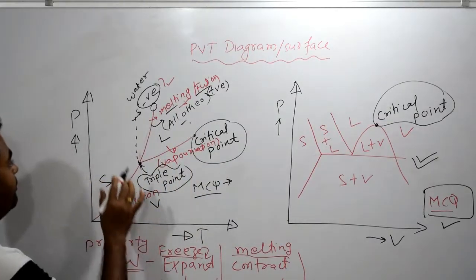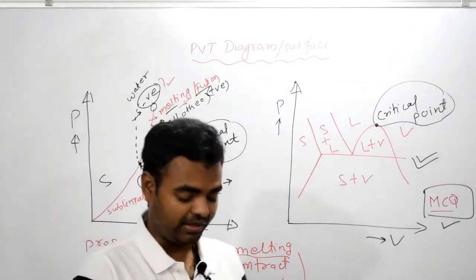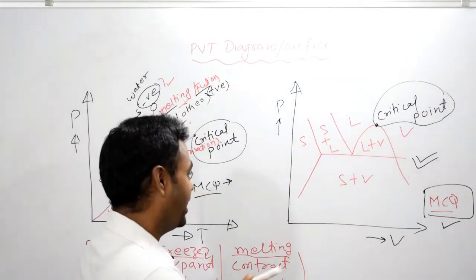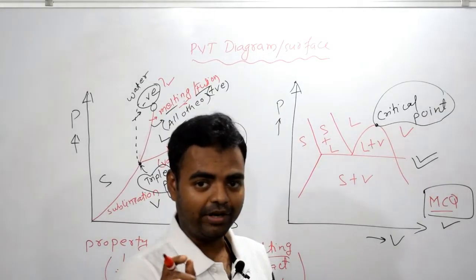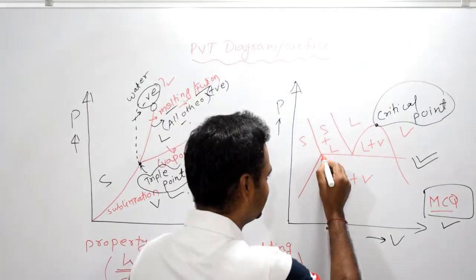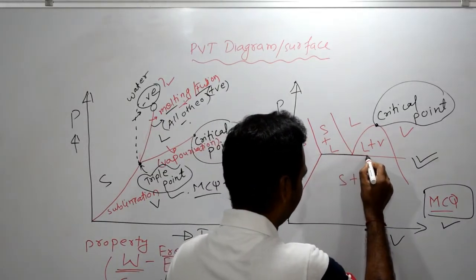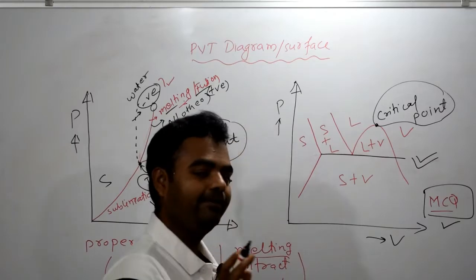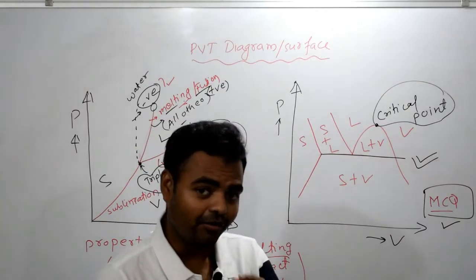Well, in case of the PT diagram, the triple point is a point. But if you look at this diagram the right way, you will see the triple point is not a point, because this is a line. This is the line where all three phases exist, whether liquid, solid or vapor.